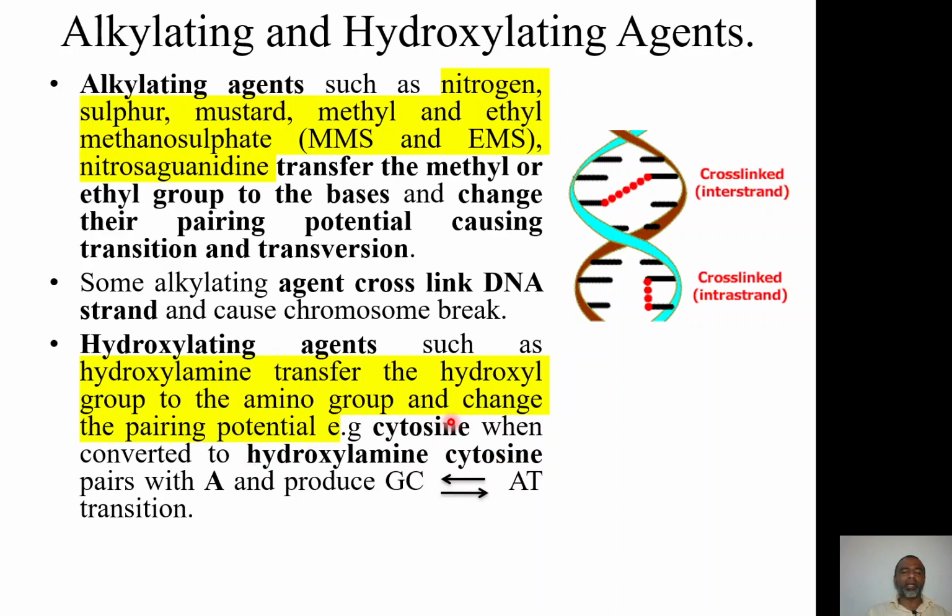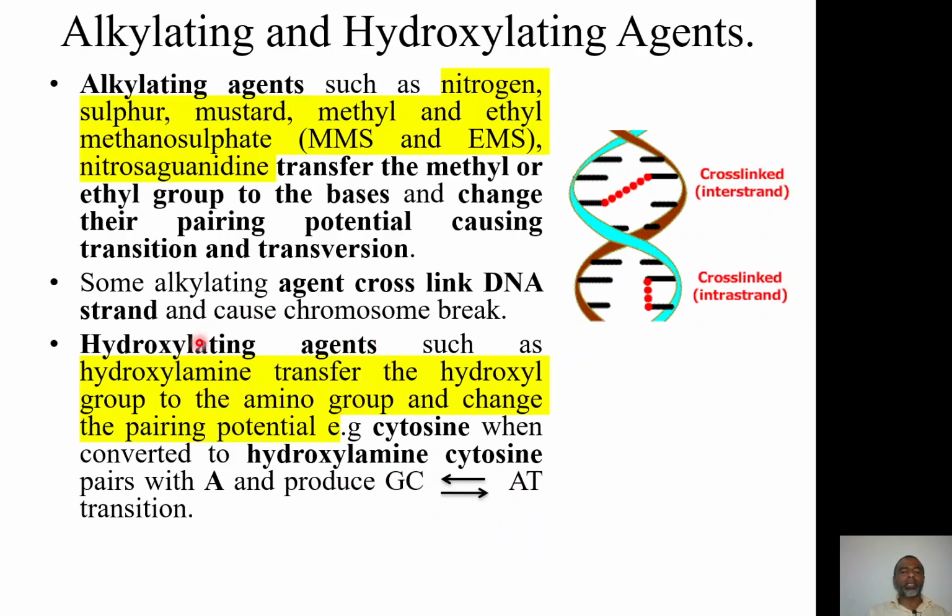Instead of pairing with guanine, it will pair with adenine. So, it means GC will be shifted to AT, or if it is AT, it will be shifted back to GC. So, this GC-AT transition takes place by having the hydroxyl group.